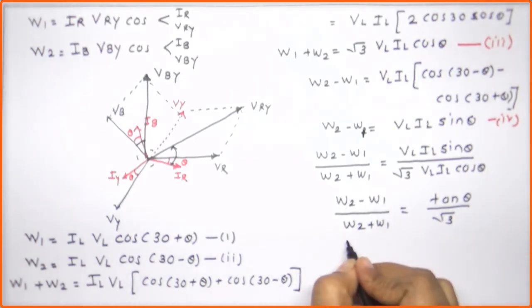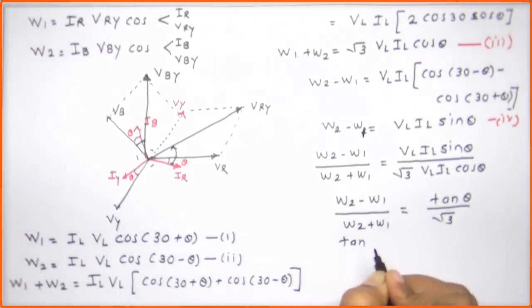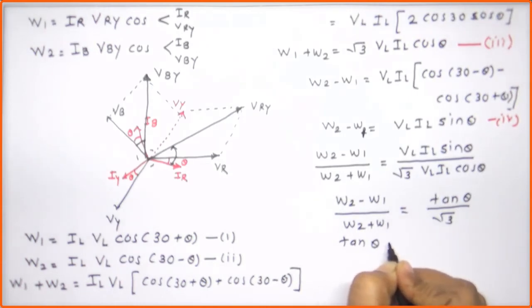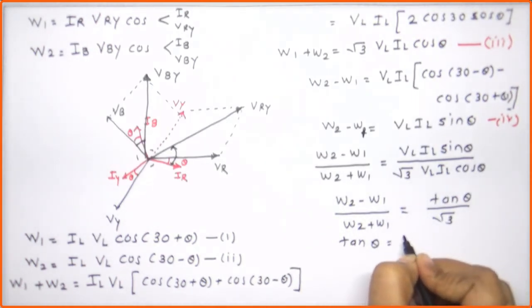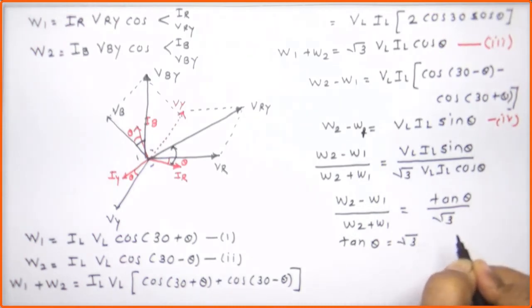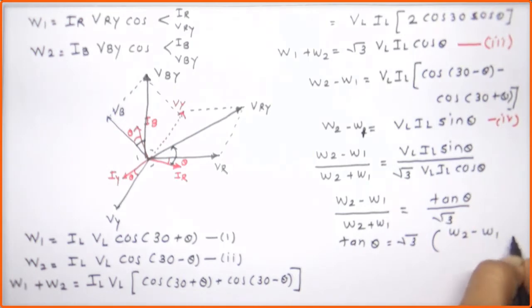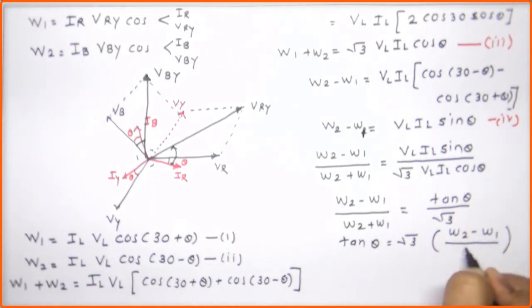Now if I take the tan theta with me on the cross multiplication part, so tan theta is equal to root 3 (W2 minus W1) upon (W2 plus W1).